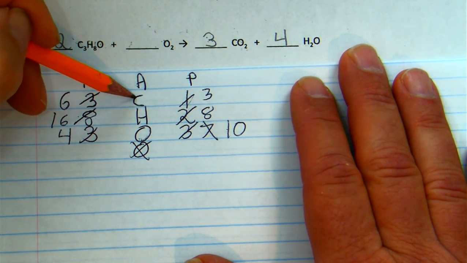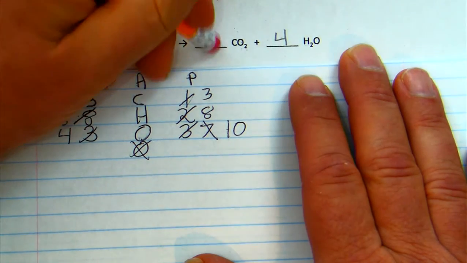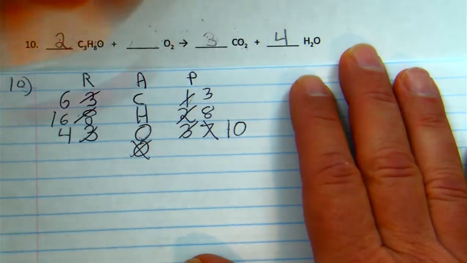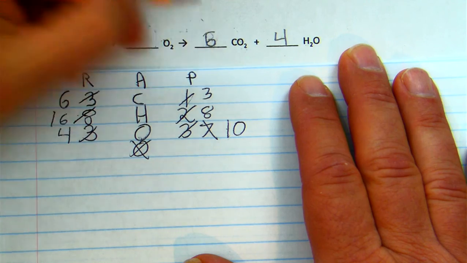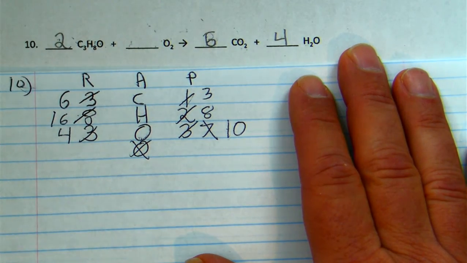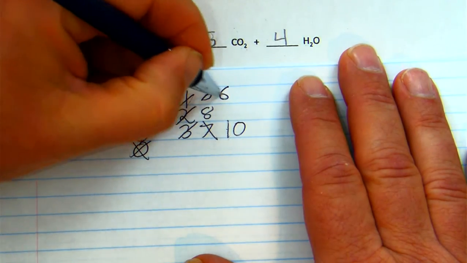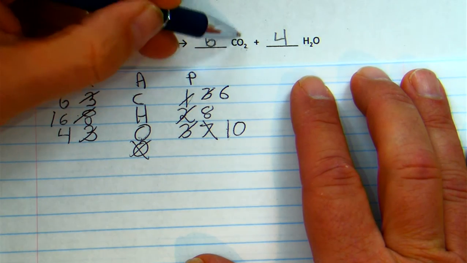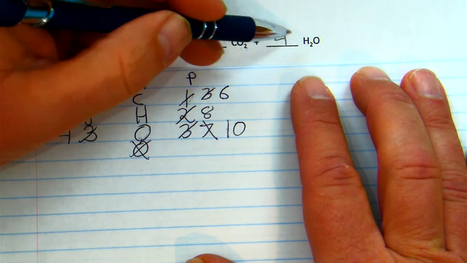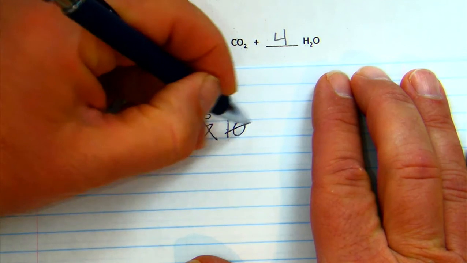Fixing the carbons, I'm going to double the carbon dioxide from 3 to 6. So now I have 6 carbons on the right. 6 times 2 is 12. 12 plus 4 is 16 total oxygens on the right.